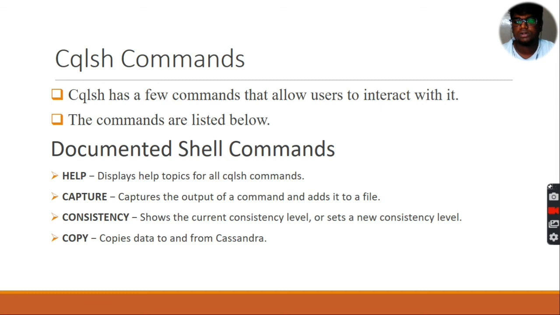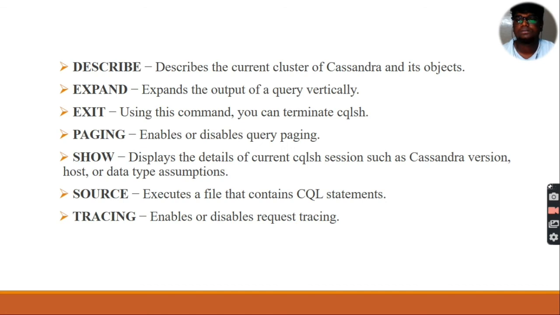Copy copies your data to and from Cassandra. Next, describe, expand, exit, paging, show, source, tracing. So many are there. Source executes a file that contains CQL statements, and tracing enables or disables request tracing. Okay, so next slide.